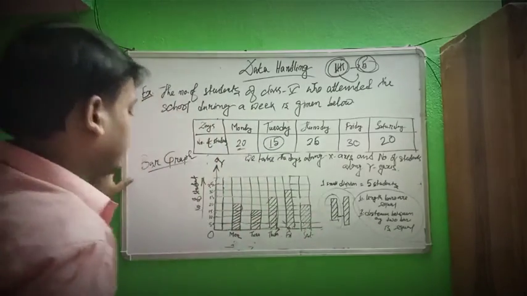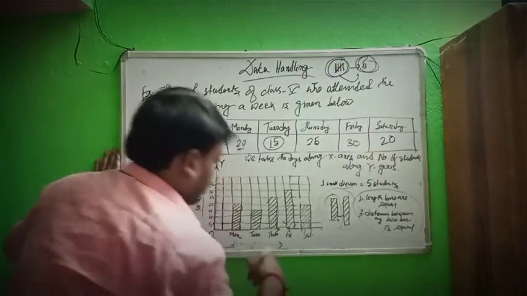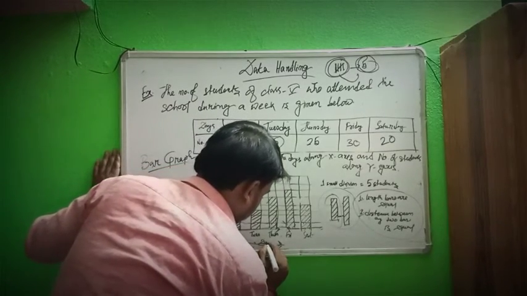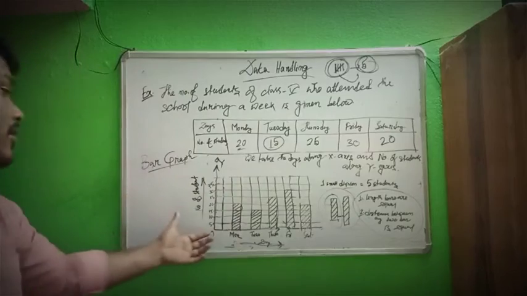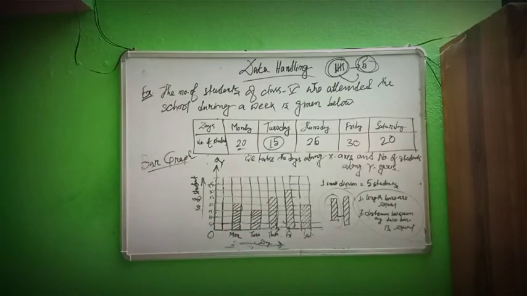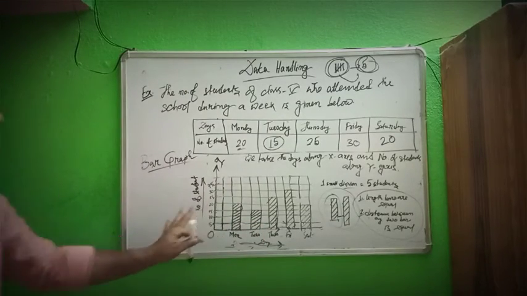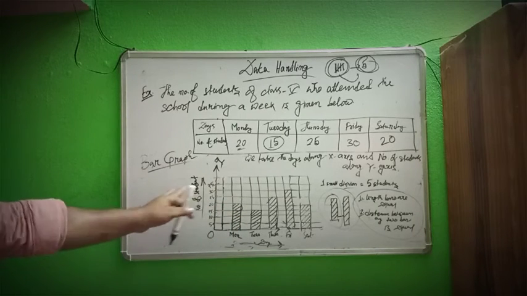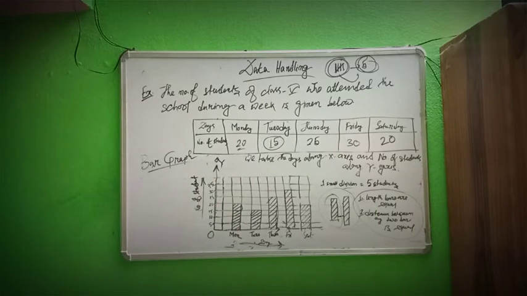So this is the required bar graph, with days along the x-axis. Okay. If I draw one figure without the graph lines, then you will understand properly.